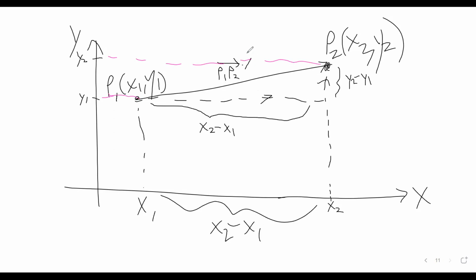And so the vector P1P2 is equal to the vector x2 minus x1, comma y2 minus y1. Okay, that's all.